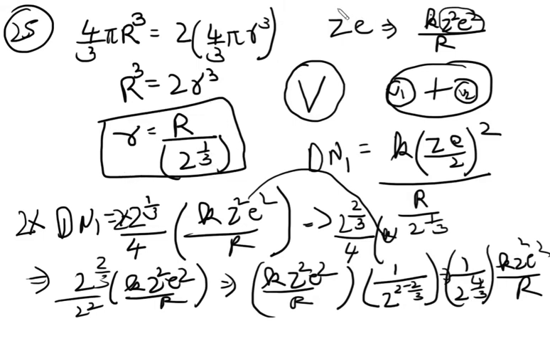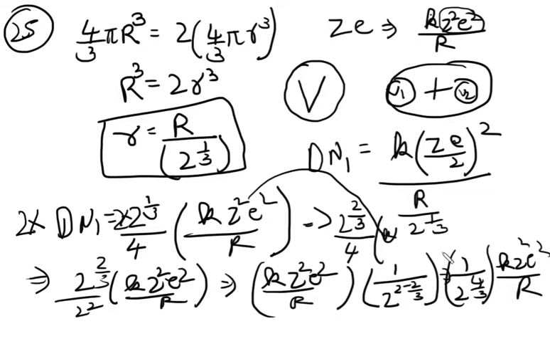They are asking for the change in electrostatic energy. Electrostatic energy depends on the charge and the radius. So the charge is Ze by 2 and the radius is R by 2 power 1 by 3. So for two daughter nuclei, the total electrostatic energy would be 1 by 2 power 4 by 3 times k Z square e square by R. So what will be the change?